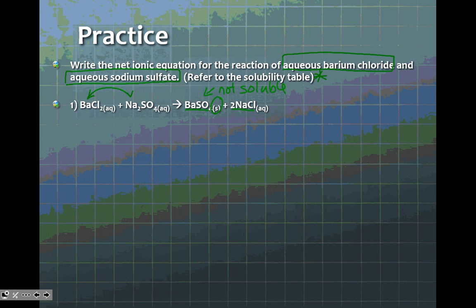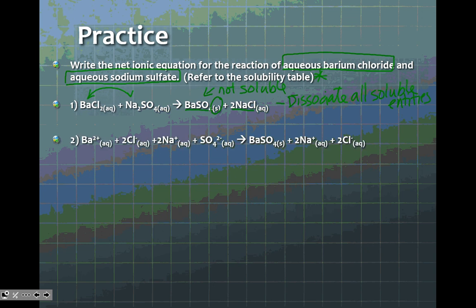So now what we're going to do is we're going to dissociate all soluble entities, keeping in mind any of the subscripts. So let's take a look here. No subscript in barium, so it's one barium ion with a +2 charge.